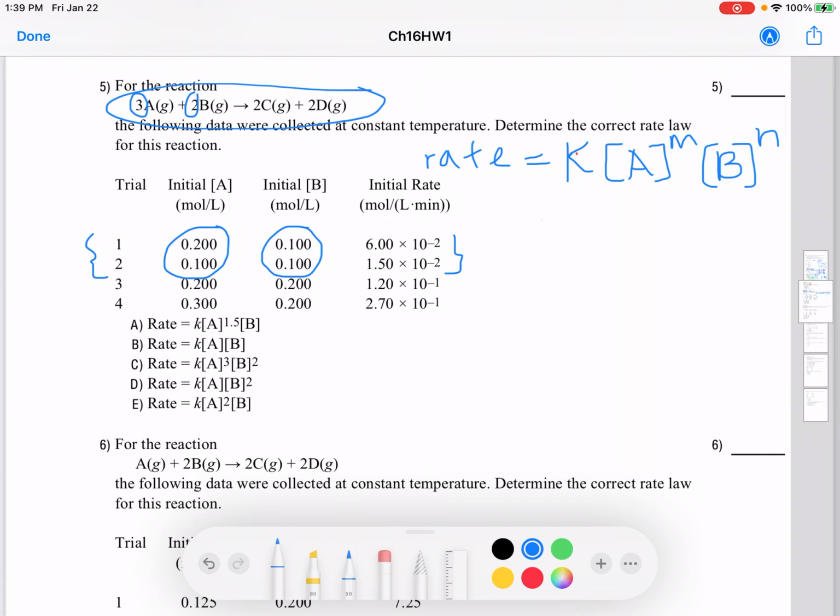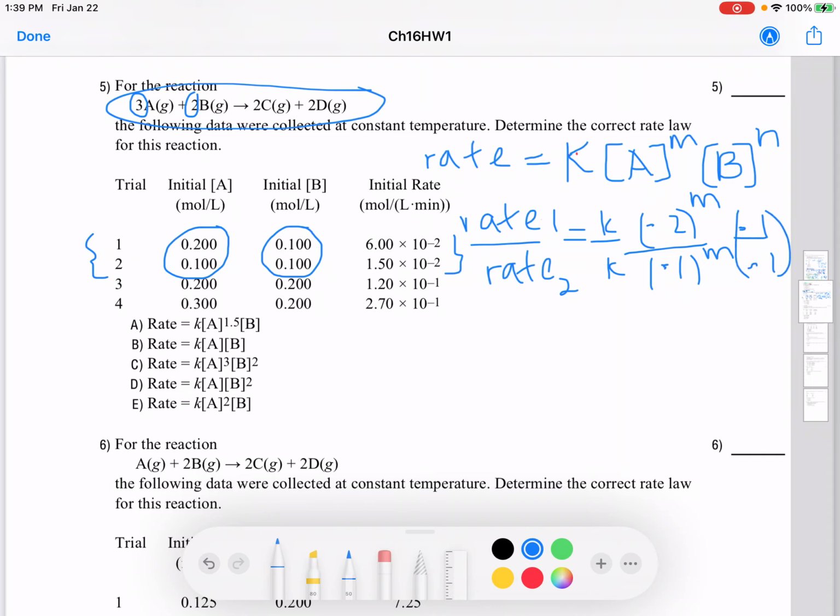So you do that, rate 1 over rate 2. So for the rate constant k, and concentration of A 0.2 M, concentration of A in rate 1, 0.1 M, and then the concentration of B for rate 1, 0.1, and since they are the same, they're going to get cancelled.